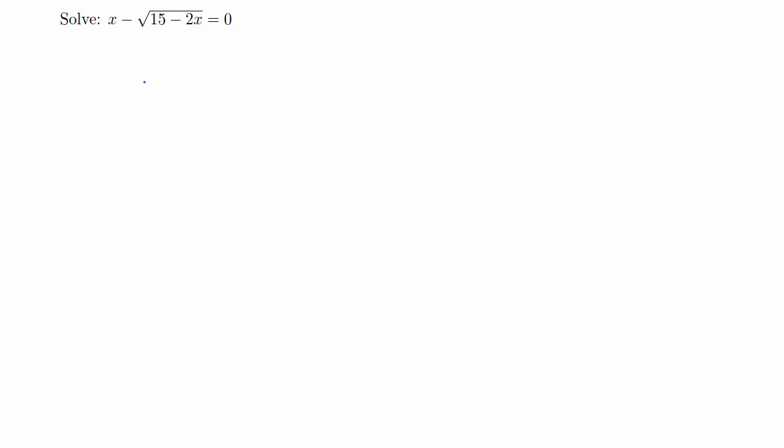Hello. This example is where we're going to start solving radical equations. Now, a radical equation, spelled like this, is any equation that effectively has a radical symbol in it.